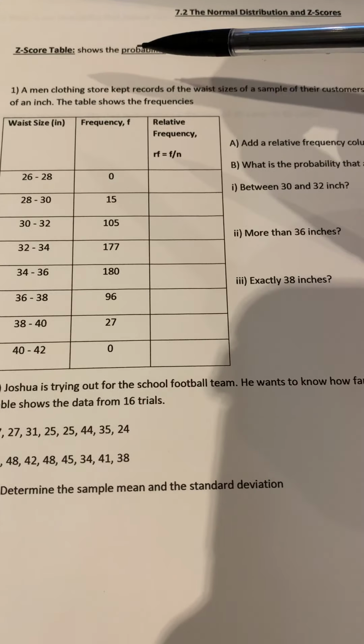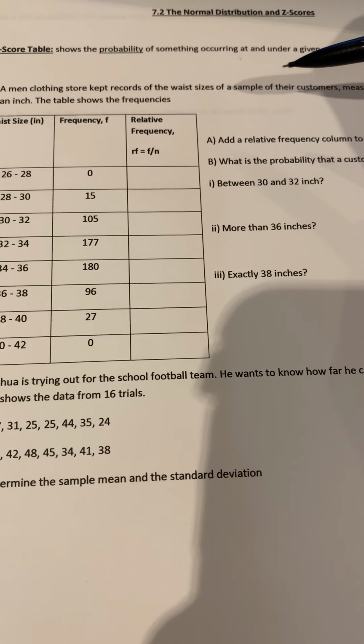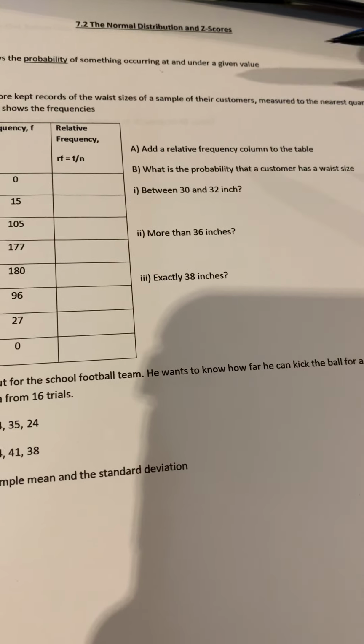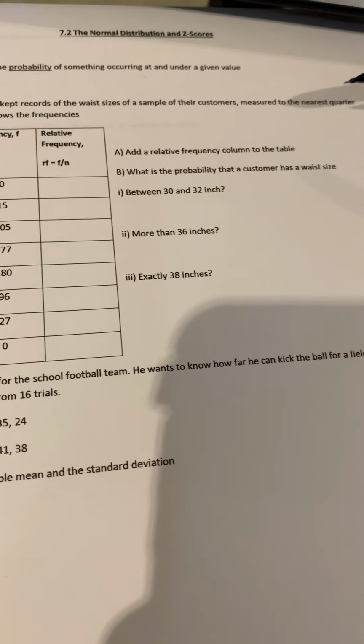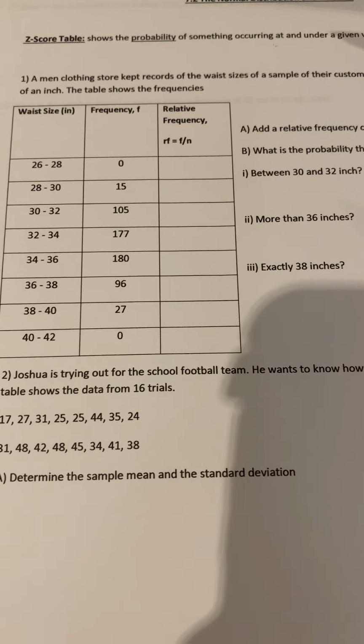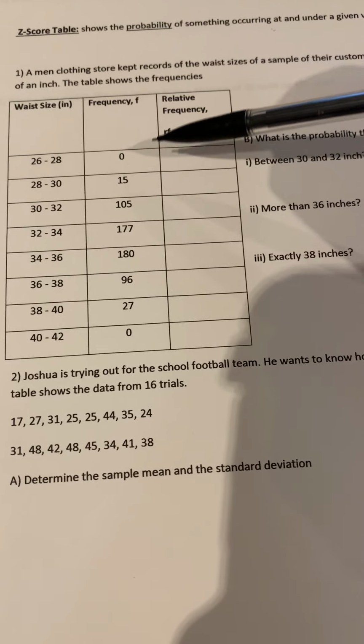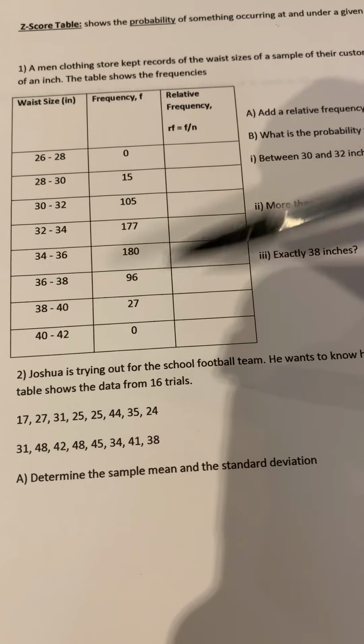Number 1, a men's clothing store kept records of the waist sizes of a sample of their customers. Remember, sample. Measured to the nearest quarter of an inch. The table shows the frequency. So here are the different waist sizes, and these are how many people were in those ranges.